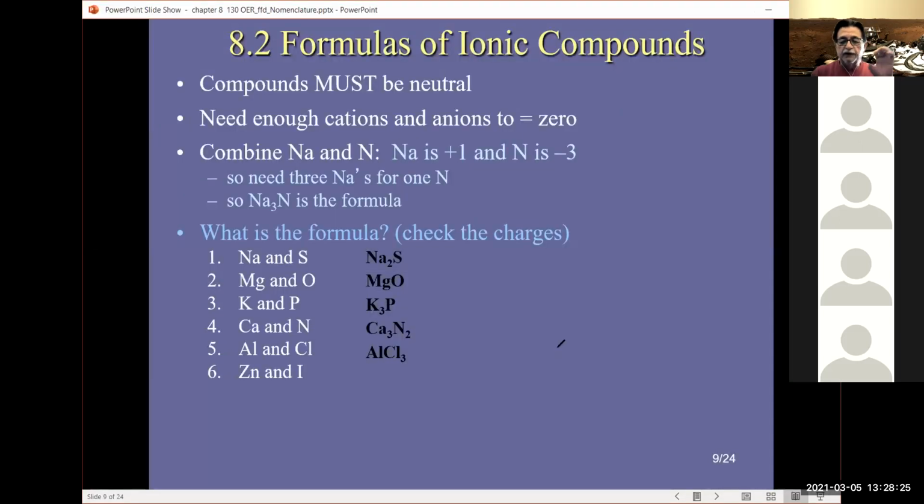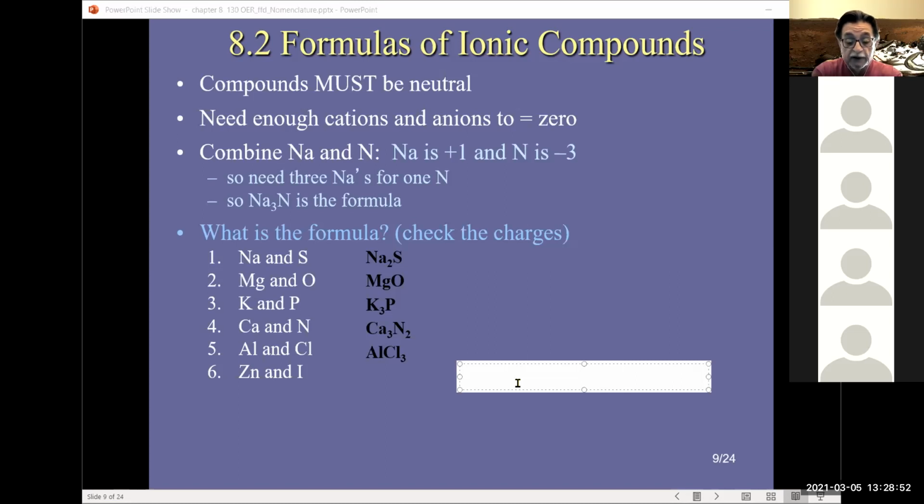So zinc, okay, zinc has a +2 charge. Now, why did I mention those 16s? Because that's important with respect to the name. Because notice here, the names I've been putting so far, I said sodium sulfide, magnesium oxide, potassium phosphide, calcium nitride, aluminum chloride.